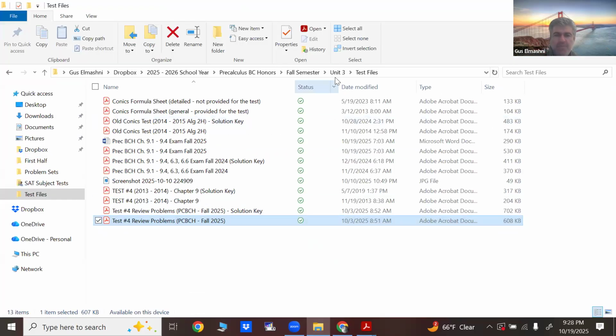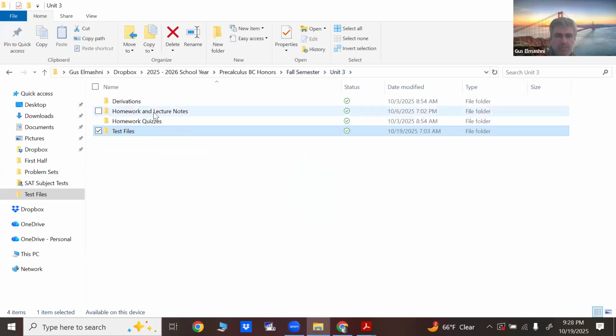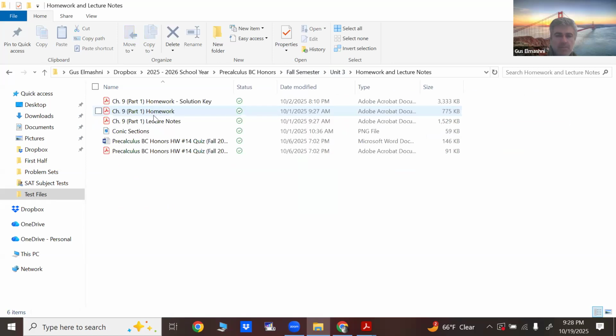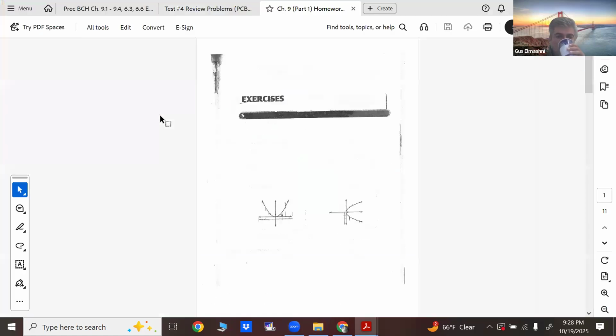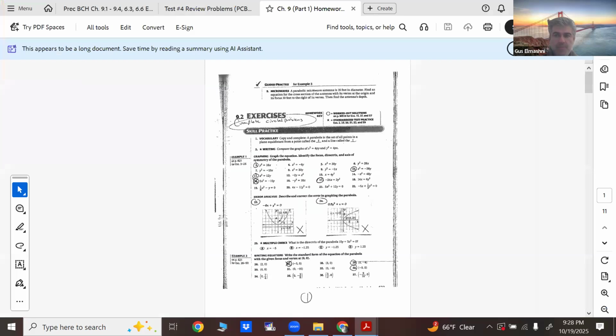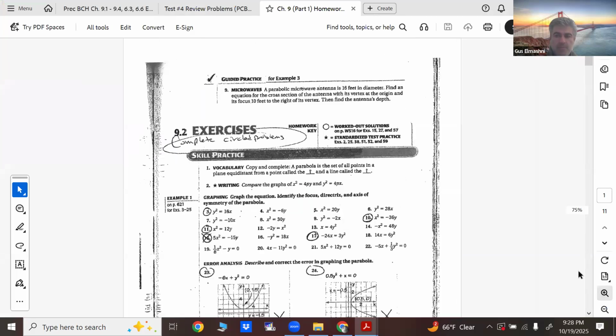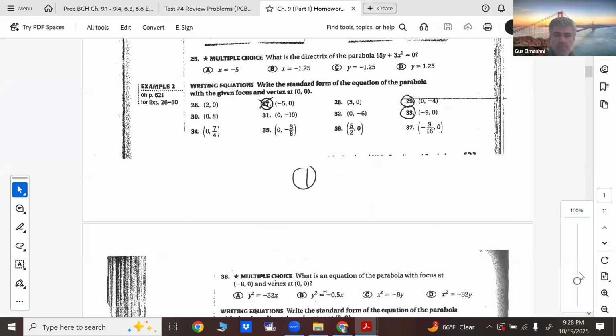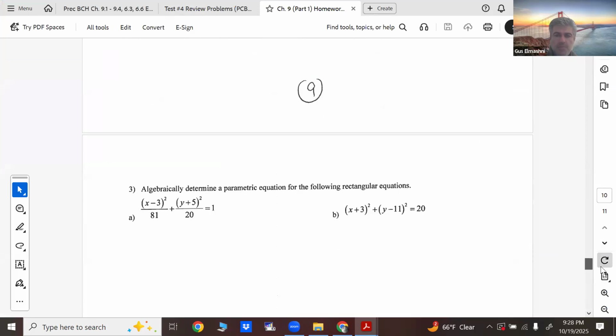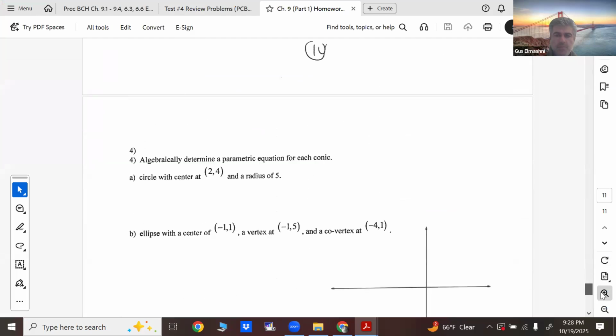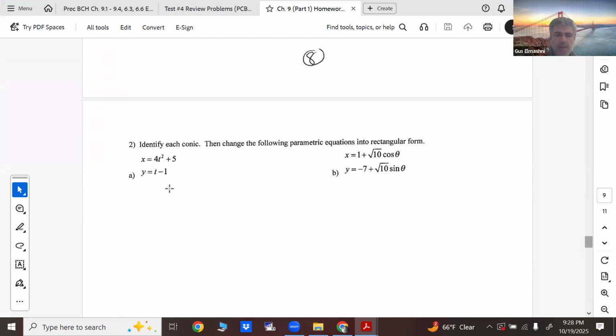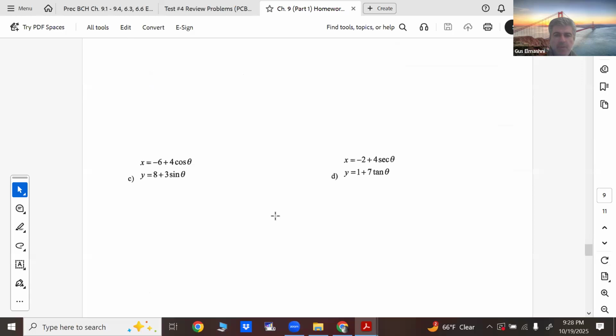Look at your notes for homeworks. Yeah, like these questions here. That's converting from parametric to rectangular, so it shouldn't be too bad.